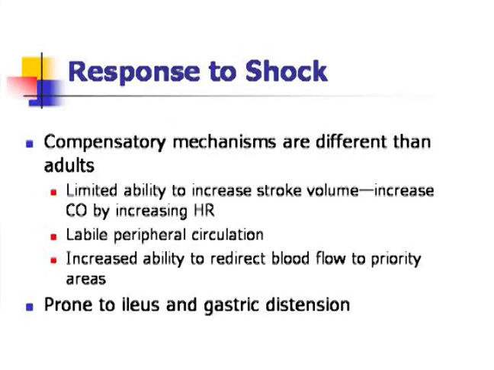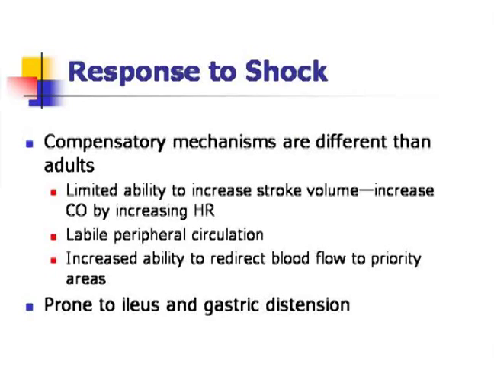The other thing is children have an increased ability to redirect blood flow to priority areas. And one of the consequences is if you have a peripheral injury, a lot of times this blood circulation is directed away from the central area. And one of the consequences is that kids tend to have more of an ileus, okay? One of the things that's very common in kids is when they get injured, they get an ileus. And along with the fact that they tend to swallow a lot of air, their bellies get really distended.